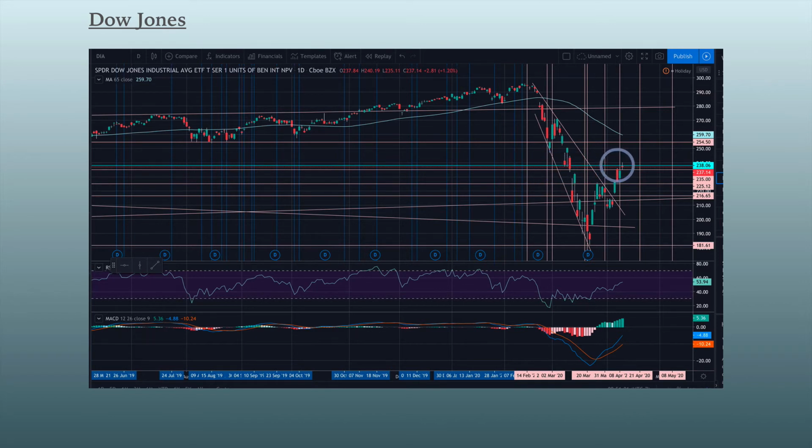That green line is 50% of the move down. So you can calculate the total move down, figure out what half of it is, and very often in a market like this, it will bounce up to the 50% line, and then you have sort of a deciding moment. Do we continue, or do we start to reverse and head back in the direction of the trend?